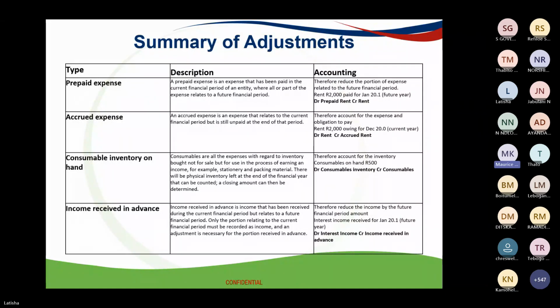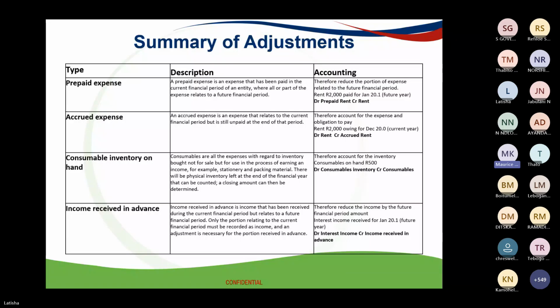Income received in advance is income that has been received during the current financial period, but relates to the future financial period. Only the portion relating to the current financial period must be recorded as income, and adjustment is necessary for the portion that is received in advance.